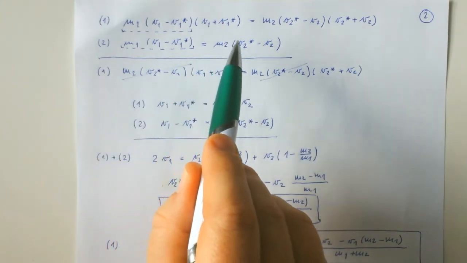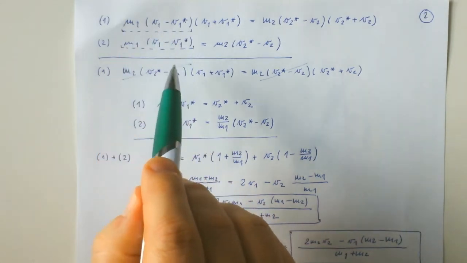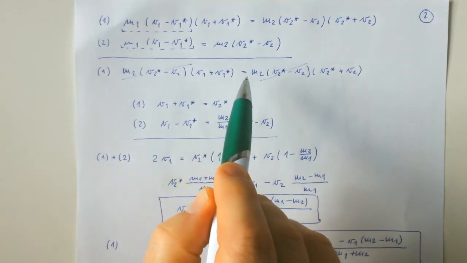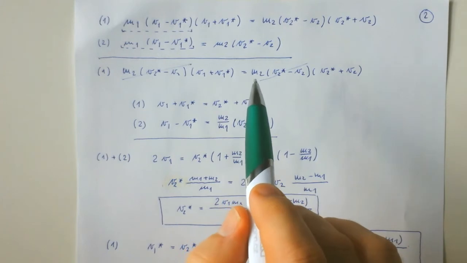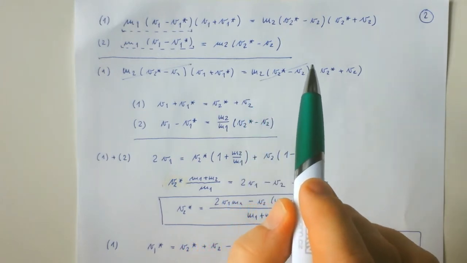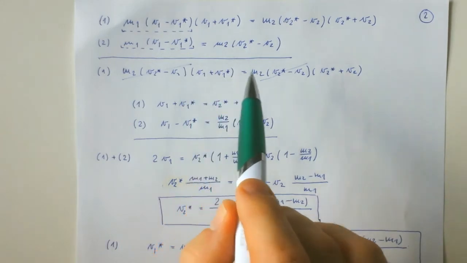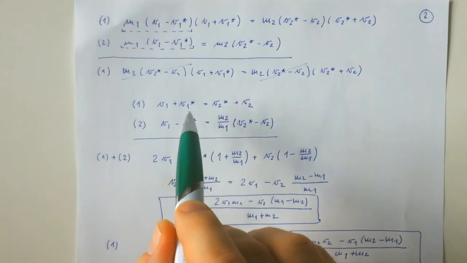So I rewrite this and substitute, I continue copying this term, is equal, and I copy the right side. Now I can see that I can cancel these terms and only this remains. So this is the new form of the first equation.